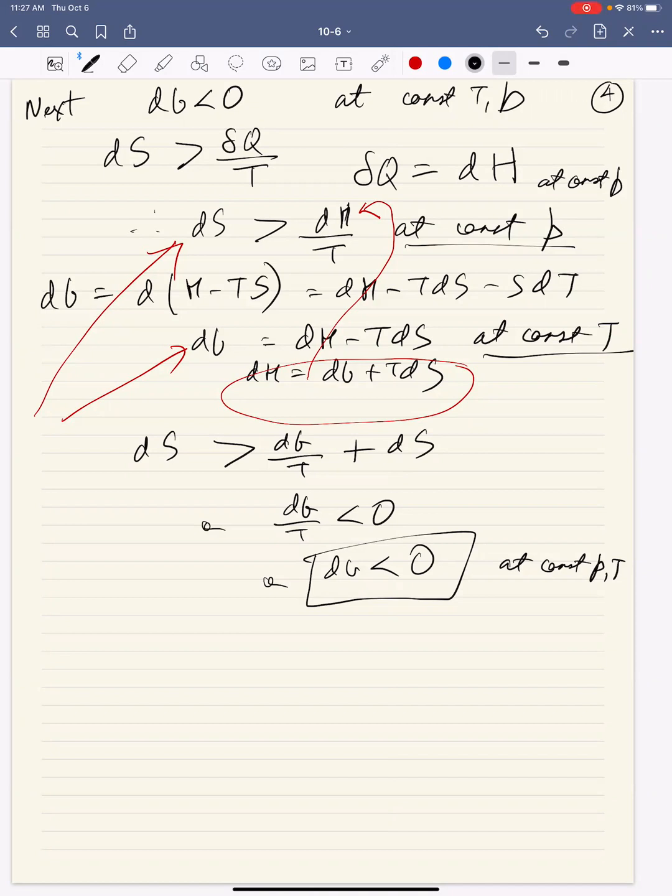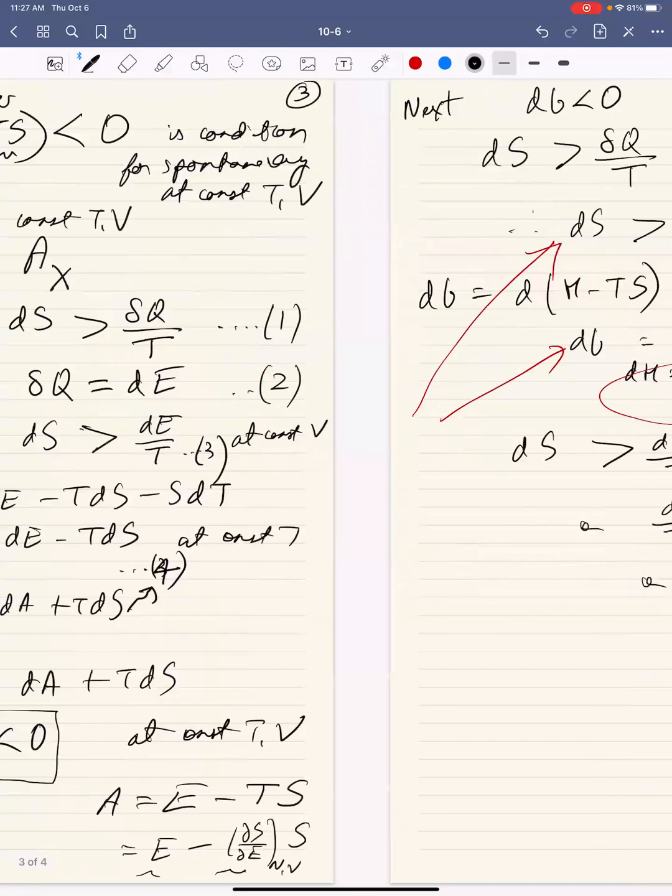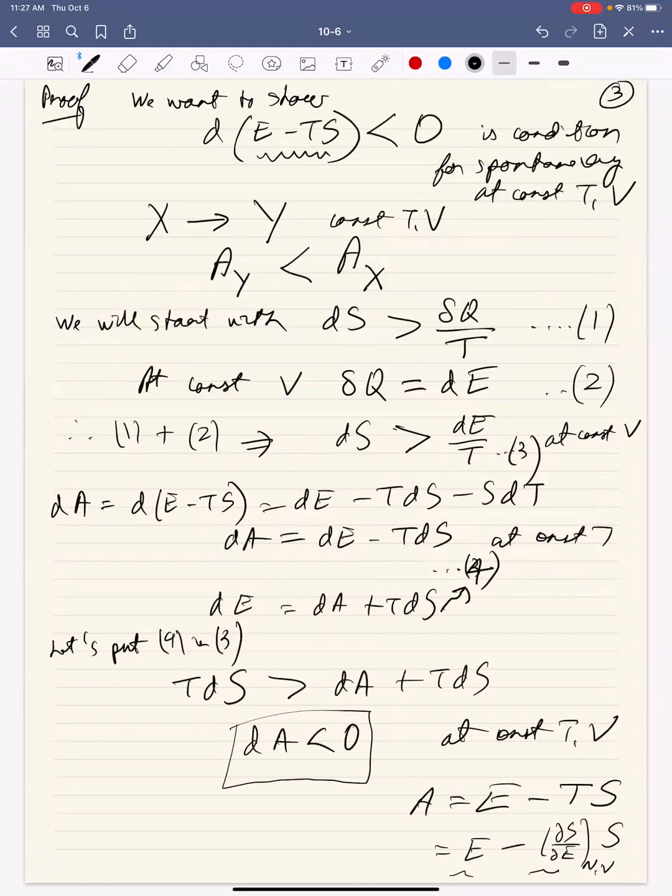And this is also the other reason why these things are very nice. Can anyone tell me why expressing the condition for spontaneity purely in terms of state functions is very, very useful? It doesn't depend on what reaction or what. Yeah, it's awesome because it just doesn't matter how you get there, right?